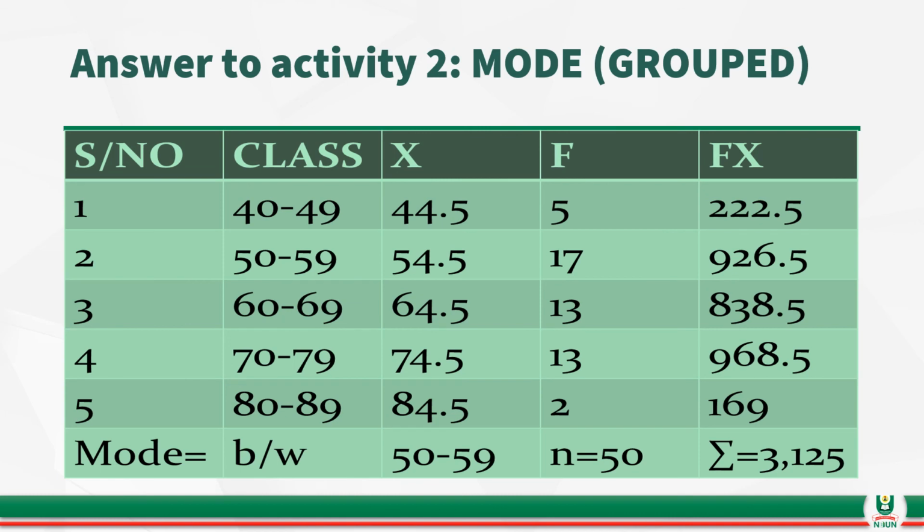In this table, the class interval with the highest frequency is 50 to 59, which is 17. So the mode is between 50 to 59 class interval. That is the mode because it has the highest frequency, 17.